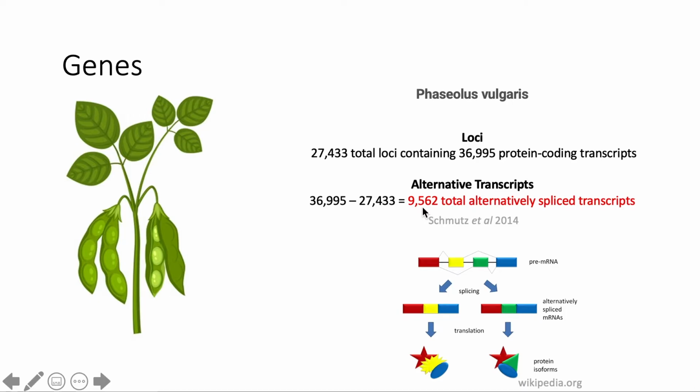So as you can see here, in total there are 27,000 loci that produce proteins, but there are some alternative splicings between them, and that is why in total there are almost 37,000 protein coding transcripts. That is why it is important to understand alternative splicing.